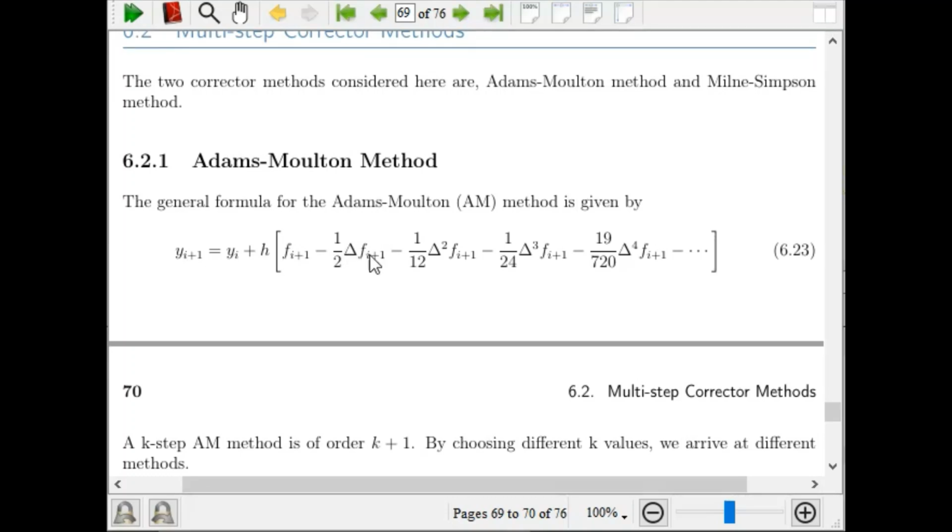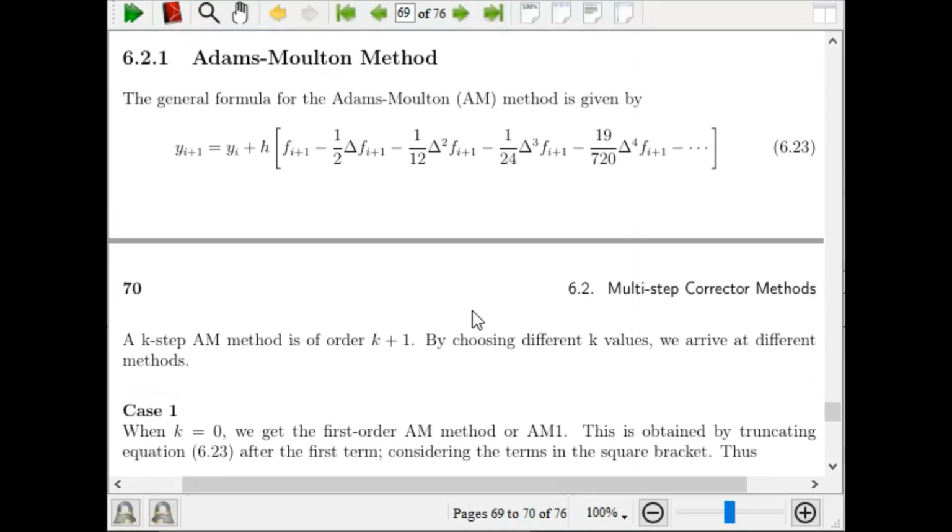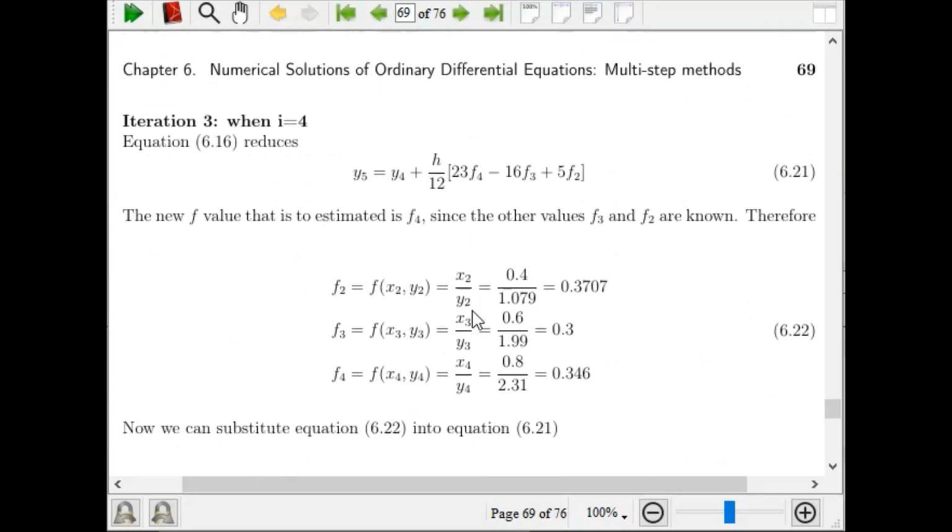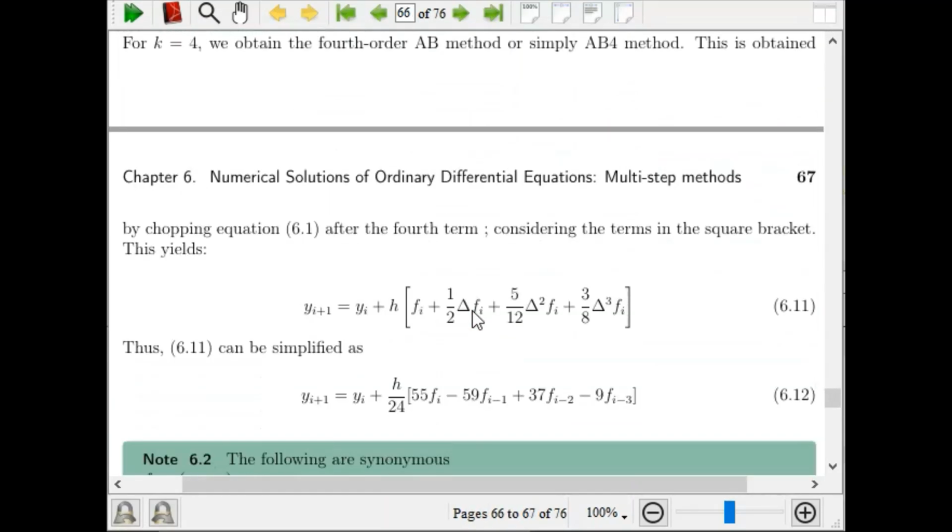The other one was changing f_i. This is just changing f_{i+1}, which is f_{i+1} minus f_i. And you can have the second change, and it is easy to do that. I explained that in the previous lecture. You can still get it in your notes.